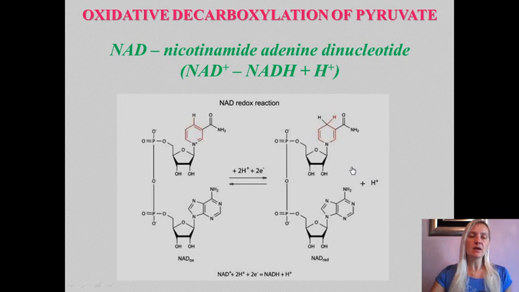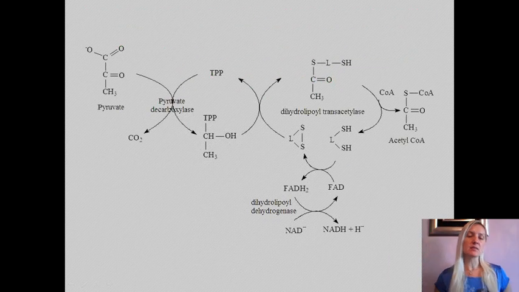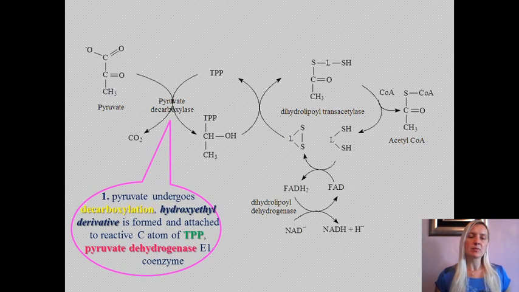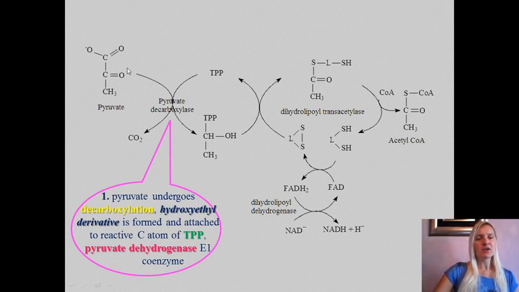So now that we have reminded ourselves about the structure of coenzymes, let's see the pathway. This is the overall pathway of oxidative decarboxylation, and let's do it step by step with a total of 5 steps. So let's start with step number 1. As you can see from the figure here, pyruvate undergoes decarboxylation.